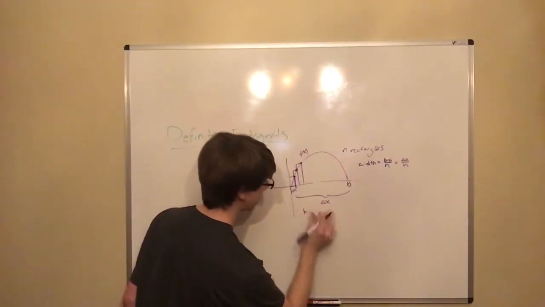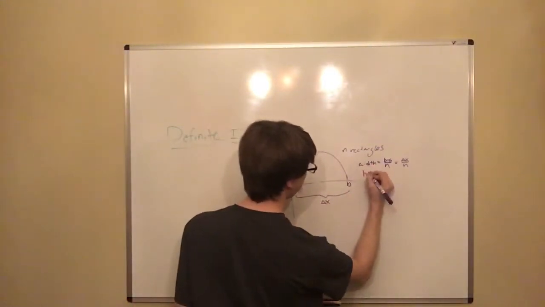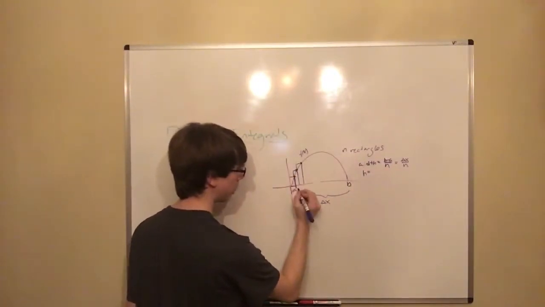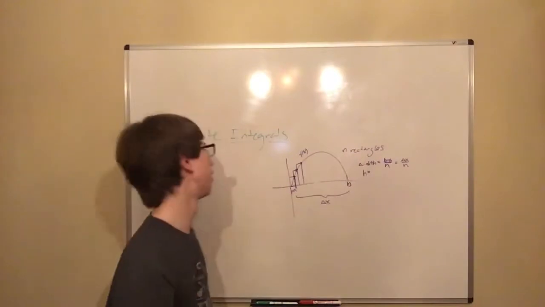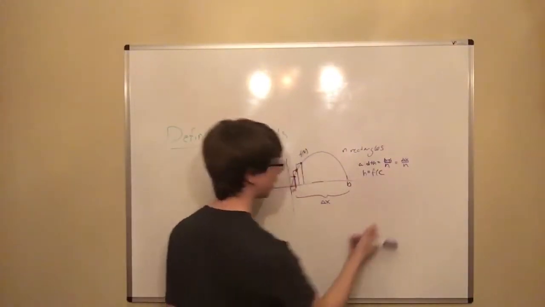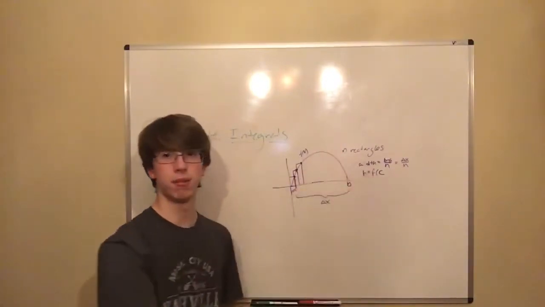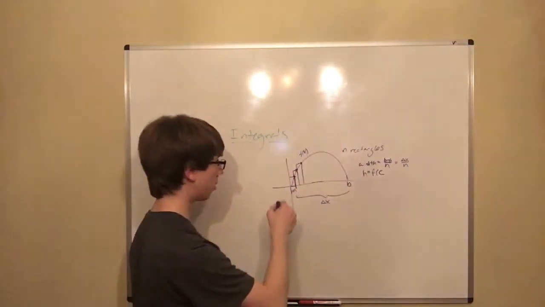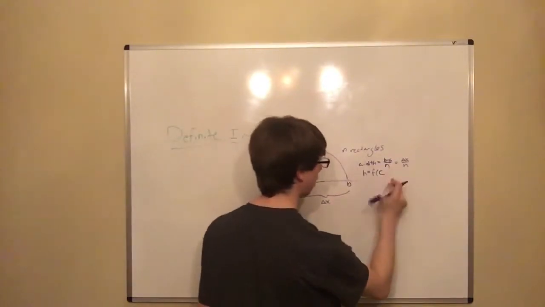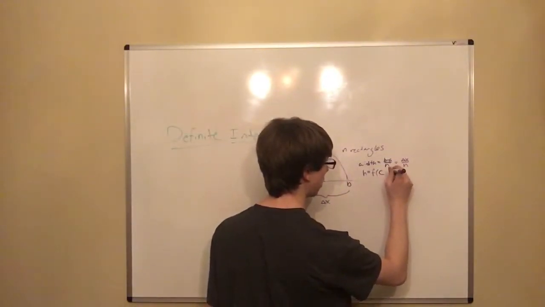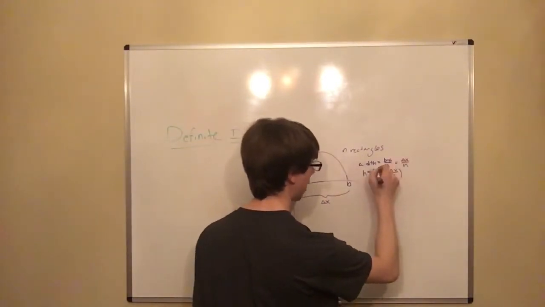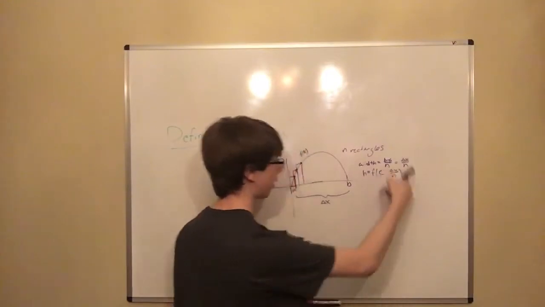So the height is equal to just its value after you add its width. So the height is just f of c. So c is the rectangle number. It is the number of the rectangle. And c times delta x over n. So that's the height, f of c times delta x over n.